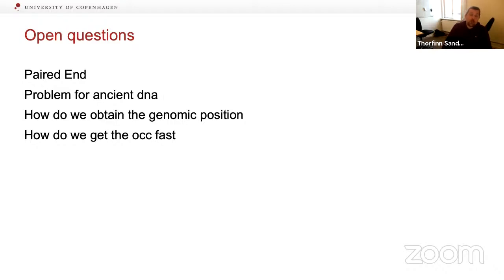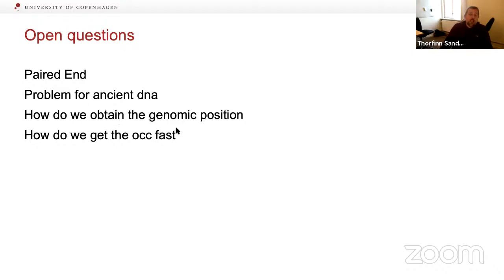This can of course be solved by allowing extra mismatches, but this will make the mapping a lot slower. Another approach is to discard the ends of the read when you do the mapping, but much of the ancient DNA is very short, so you definitely don't want to make a read that's only 30 base pairs even shorter when you do the mapping.